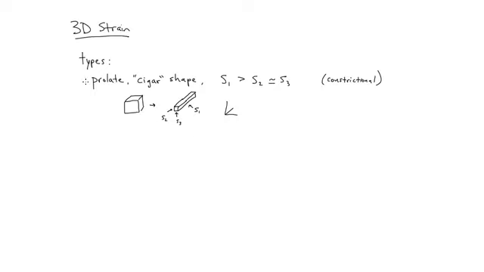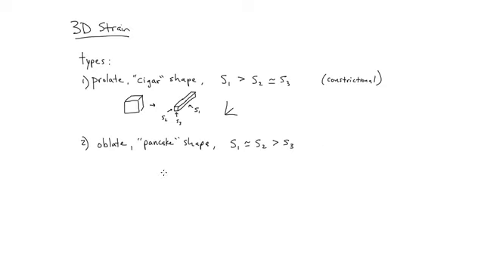Okay, that's one type, and here's another type. Oblate, which is the pancake shape. So here we have S1 roughly equal to S2, and those are both quite a bit bigger than S3.